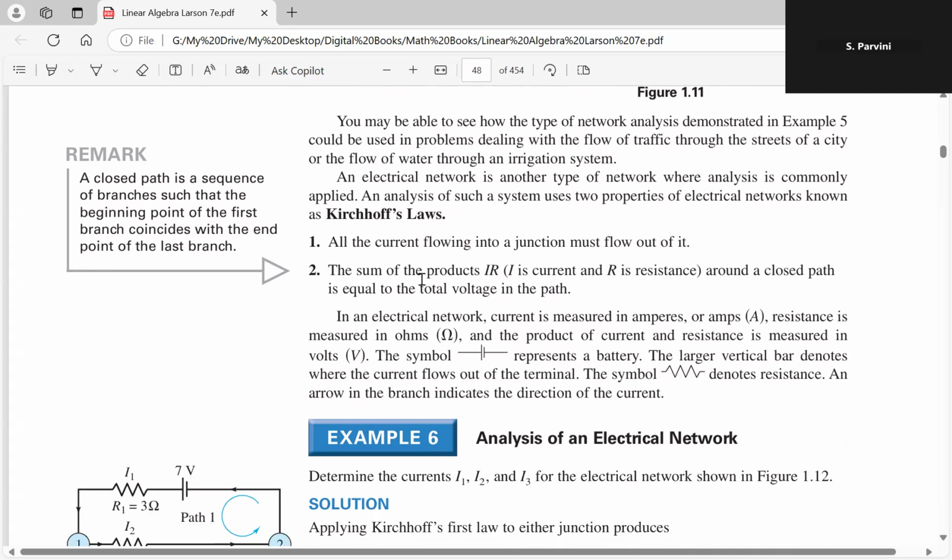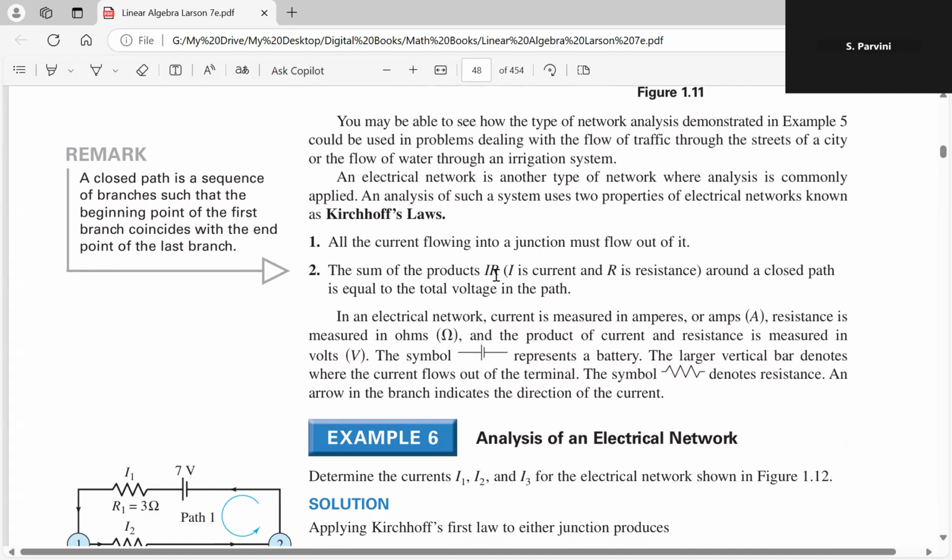Okay. And number 2, the sum of the product IR. The IR in the electrical field means voltage. You may remember this from physics, folks. Remember V equals IR? Hopefully you do. If not, I'll write it down. V is voltage.